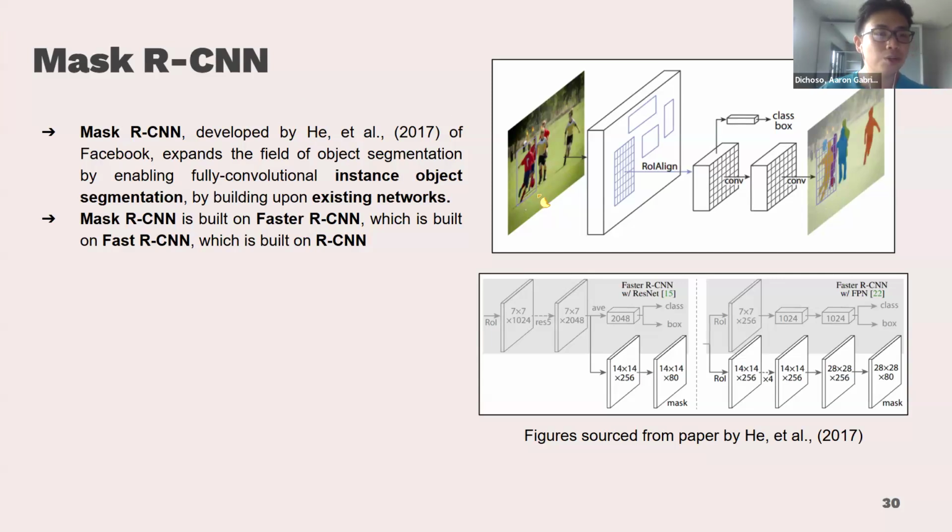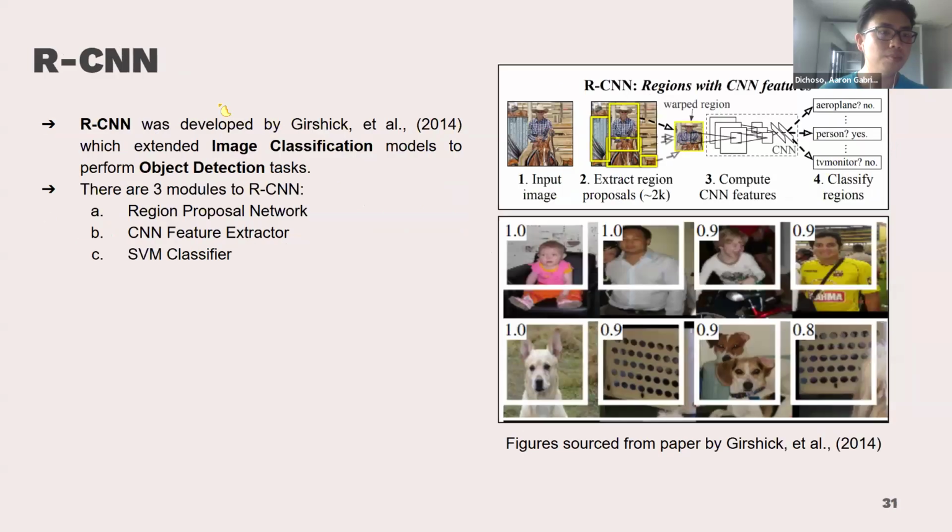So hopefully this story will show you how you could perform research that improves upon another architecture as well. So let's start with the foundation of Mask RCNN, which is RCNN itself.